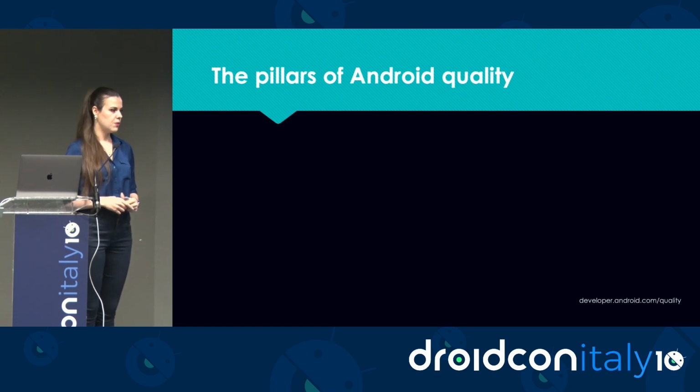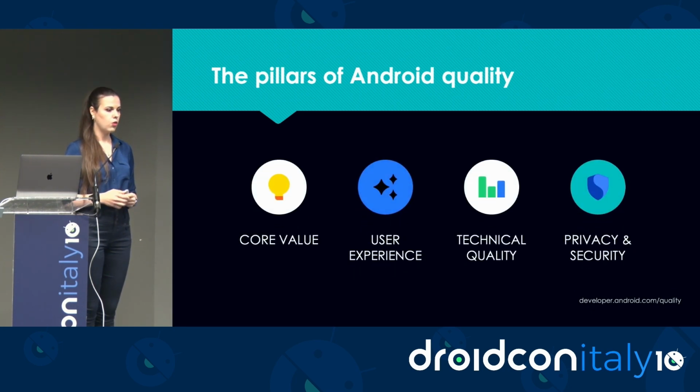Well, they also define these pillars of Android quality, which help a lot, right? They are organized in 4 categories, and those are core value, user experience, technical quality, and privacy and security. Today I'm not going to go into details about these pillars and explain each one. If you want to know more, of course, you can check out the Android documentation.